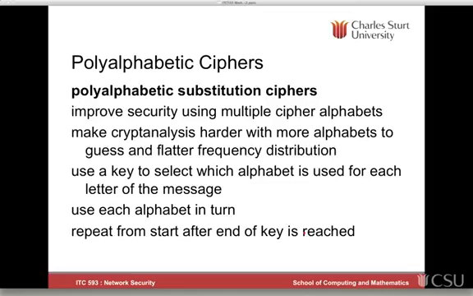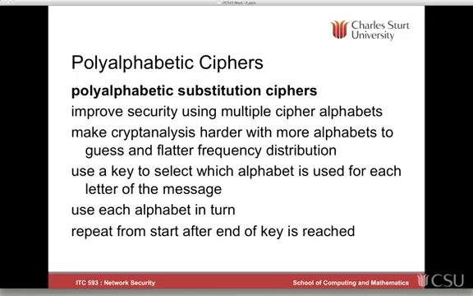We now consider the other alternative, that means using multiple cipher alphabets in turn. This gives the attacker more work, since many alphabets need to be guessed, and because the frequency distribution is more complex, since the same plaintext letter could be replaced by several ciphertext letters, depending on which alphabet is used.